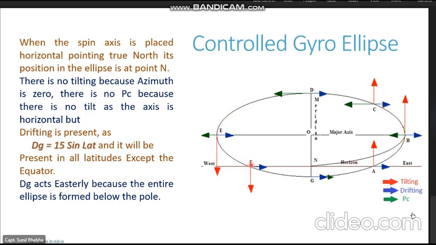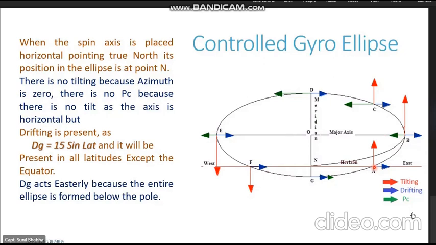As it goes below the horizon here, below point F, we see that easterly drifting and easterly control precession are both pulling it in the eastward direction. So the motion from Foxtrot to Golf to Alpha is quite fast, as the easterly drifting and the easterly control precession both are pushing it in the easterly direction.